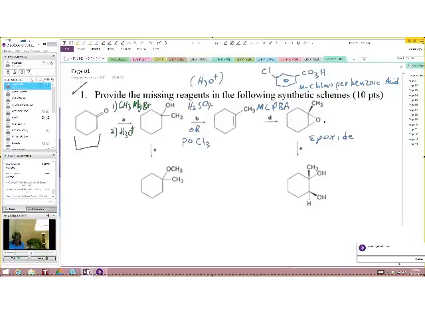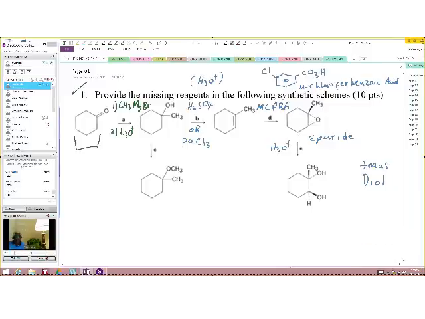Very good. Now we want to go from the epoxide to a diol. And we want to form a trans-diol. Now, what reagent do we need here to go from an epoxide to a trans-diol? Okay, very good. Excellent. So you guys say we need hydronium ion. So if you have an epoxide and you want to open the epoxide, what you need to use is a dilute acid.